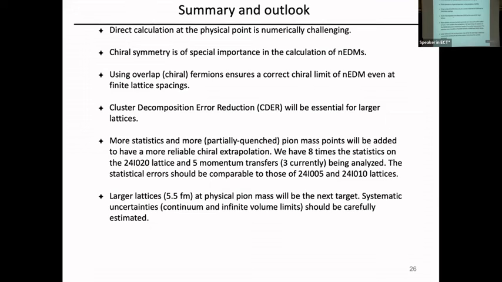It should be comparable to this. The future will be larger lattices, which we are prepared to do. The physical bare mass will be the next target. There will still be a challenge. That should be all for my talk.